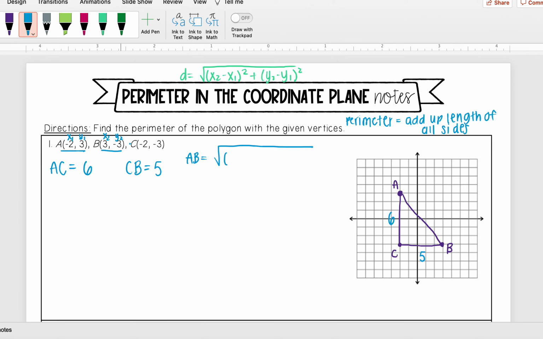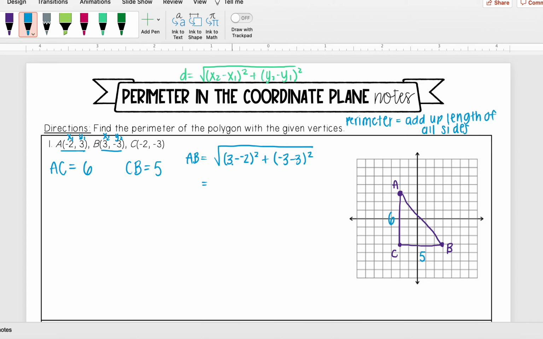So here my x2 is 3 minus my x1, which is -2, plus y2, which is -3, minus y1, which we have as 3 squared.